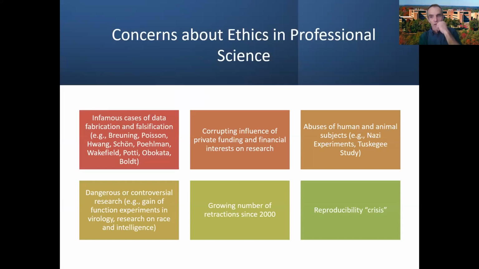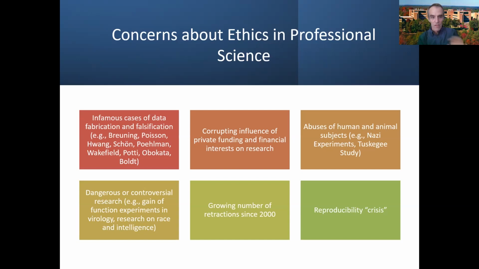So there have been a lot of ethical concerns about ethics in professional science. We can talk about these some in the discussion a little toward the end if you want. First of all, there have been a lot of infamous cases of data fabrication and falsification going back to the 80s, the 90s, the 2000s, the 2100s.